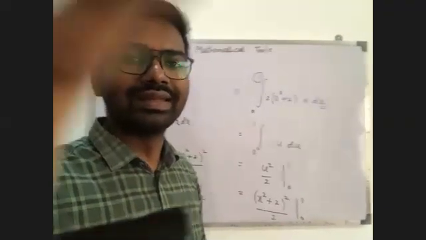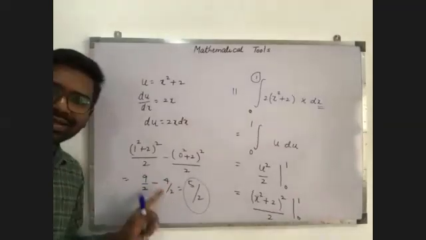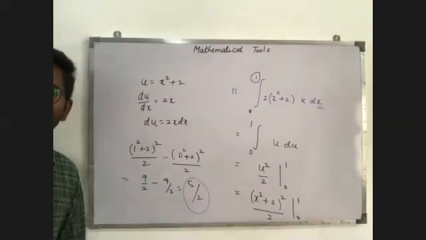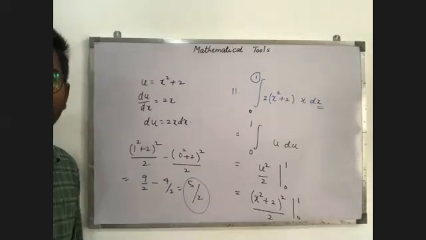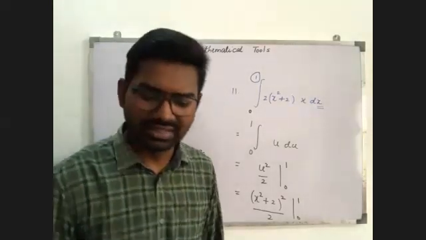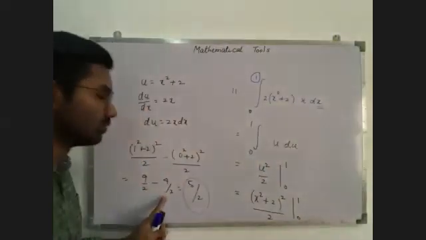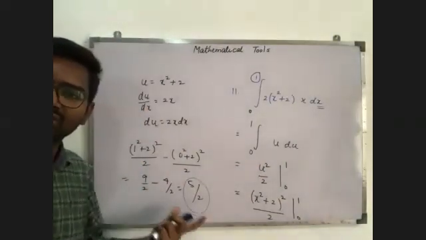Four by 2 is written as 2. But again, if you solve, you will get the same answer. So instead of that, 9 minus 4, that is 5 by 2. That is mathematics, you are going to get the same thing. Whether you write here 2, then 9 by 2 minus 2, again 5 by 2.